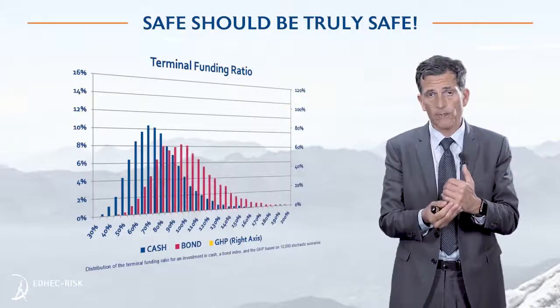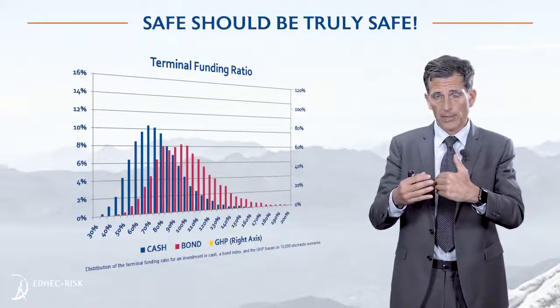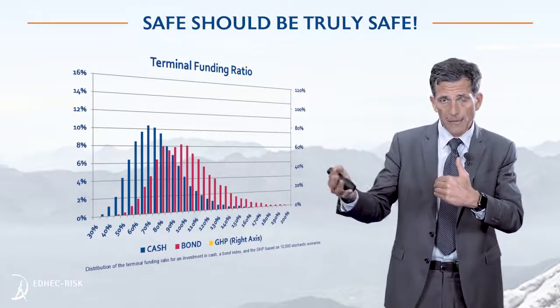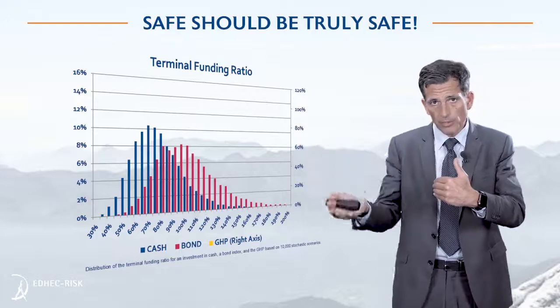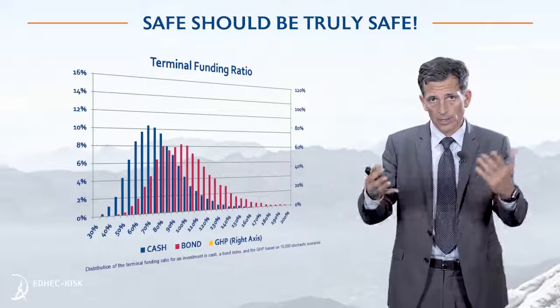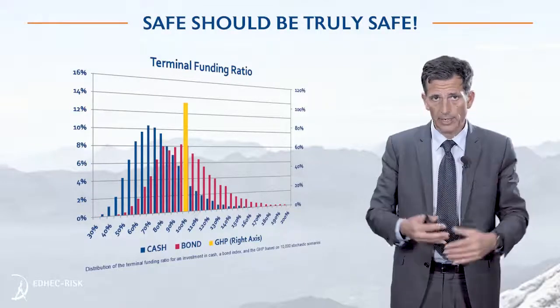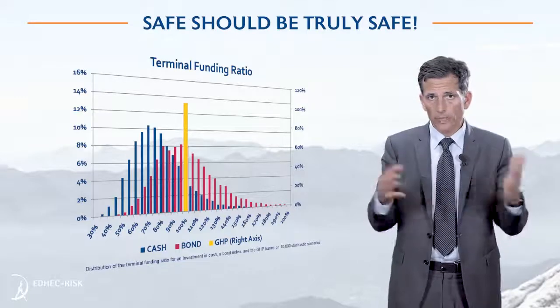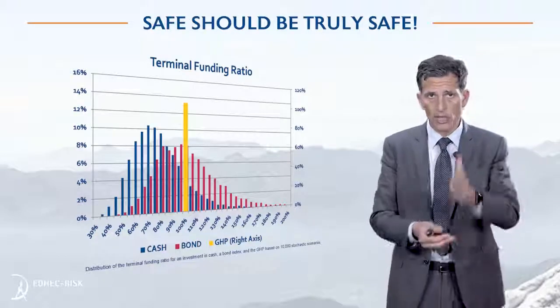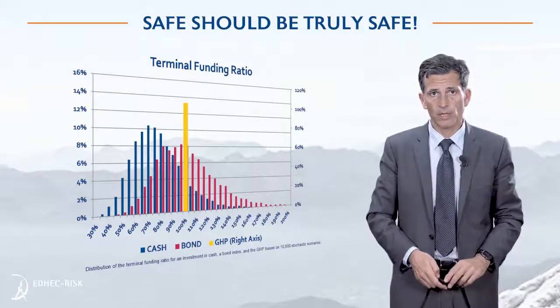Even if we start fully funded, we eventually lose ground because the liability portfolio behaves like a long-term bond, and because there's a bond risk premium, it tends to outperform the shorter-term bond. On the other hand, if we invest in the retirement bond portfolio or liability-hedging portfolio, then there's no risk involved at all, 100% to stay at the initial funding ratio, which in this case, by assumption, was 100%.